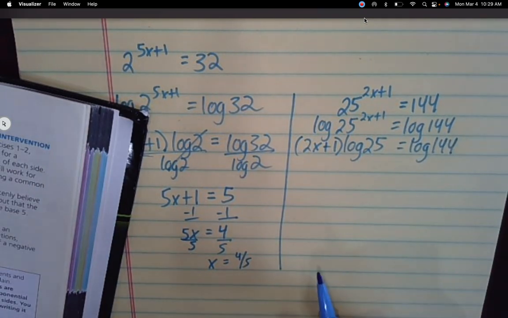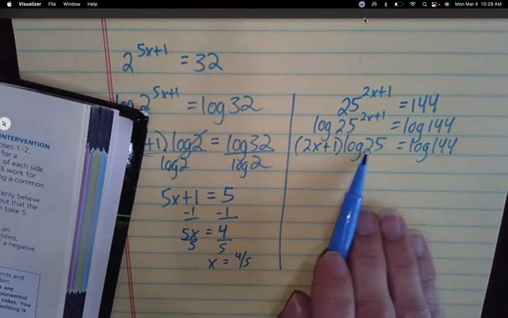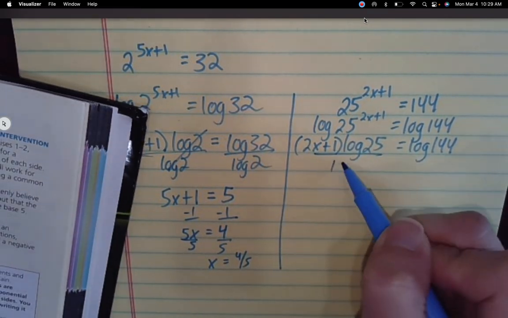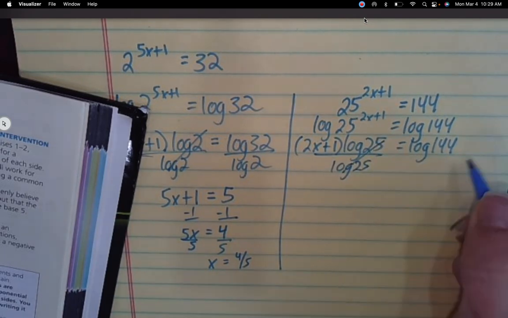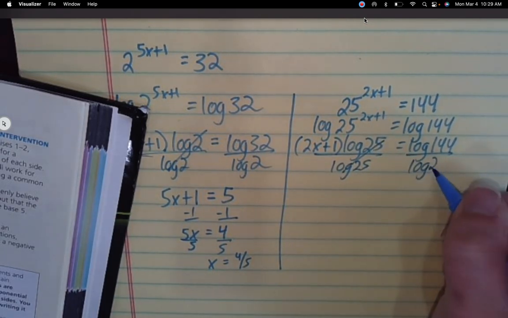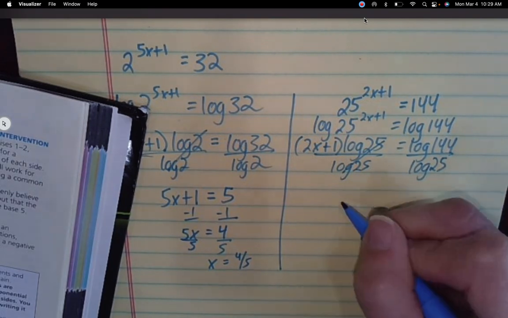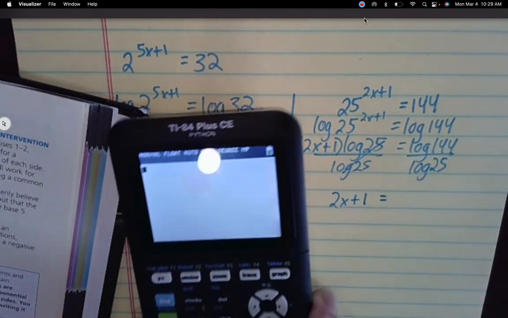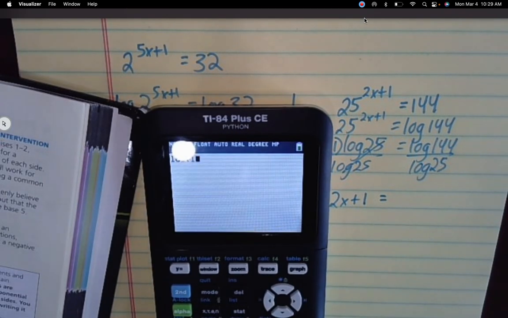And then I need to move that log 25 since it's being multiplied to all that. I'm just going to divide it. So I get 2x plus 1 equals, and I don't know what that's going to be.